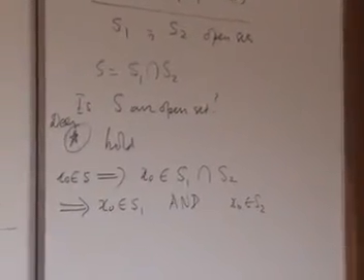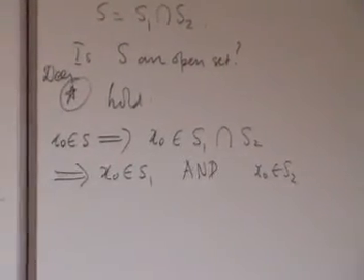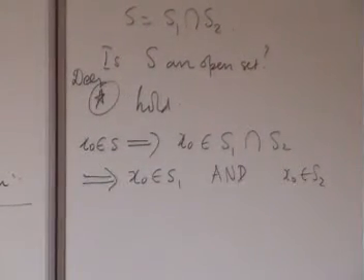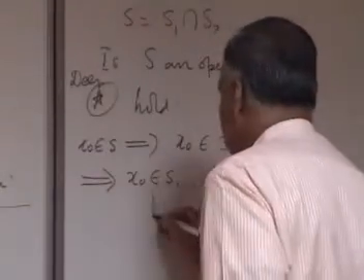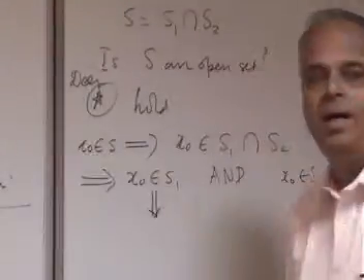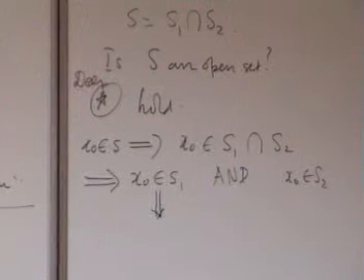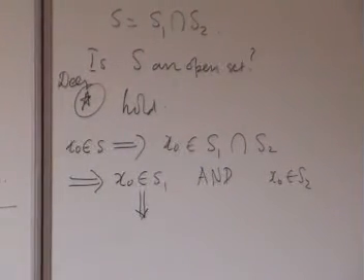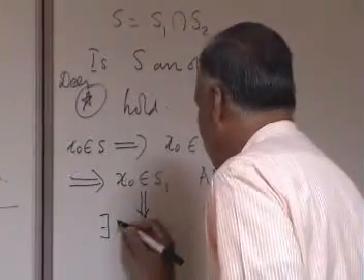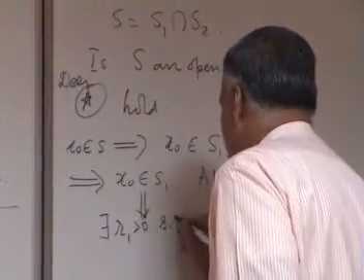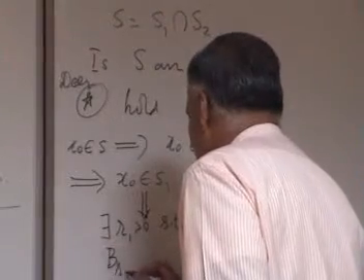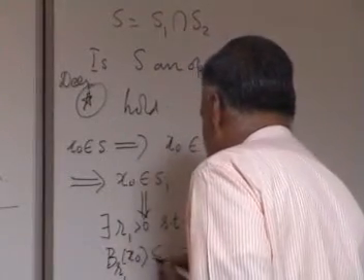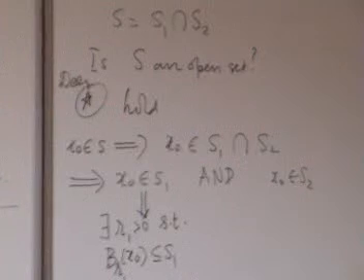Previously it was OR. Now S1 is an open set, therefore there will be a ball around x0 which lies in S1. So there exists an R1 greater than 0 such that B(R1, x0) lies in S1.